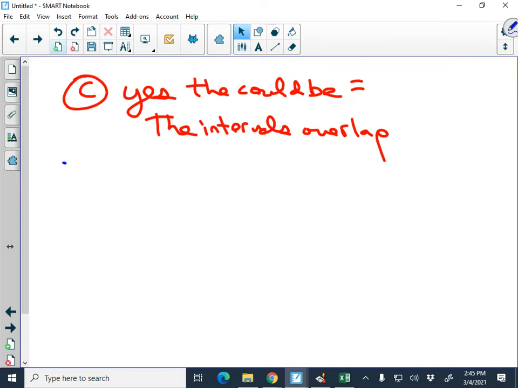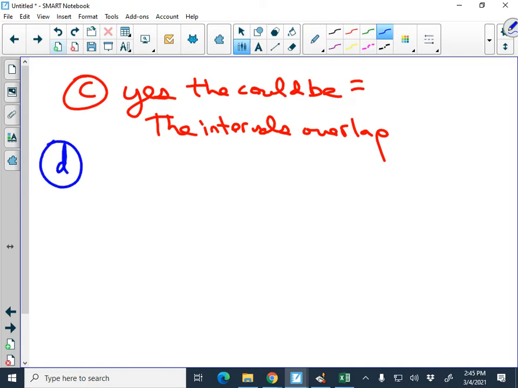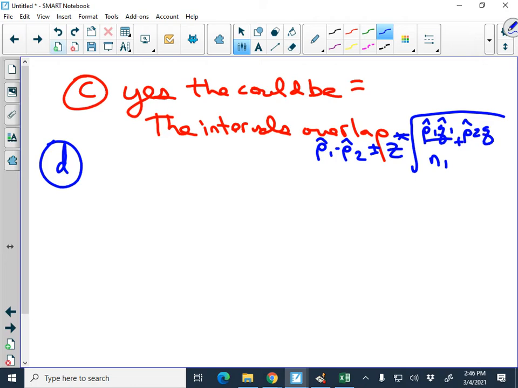So now part D. It says create an interval for the difference. What's the interval for the difference? The interval for the difference takes p hat 1 minus p hat 2 plus or minus z star times the square root of p hat 1, q hat 1, over n1 plus p hat 2, q hat 2, over n2.